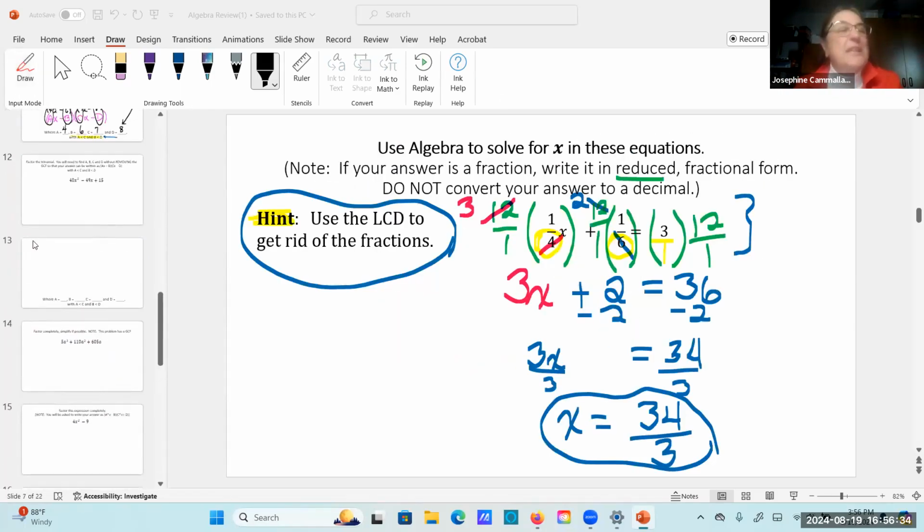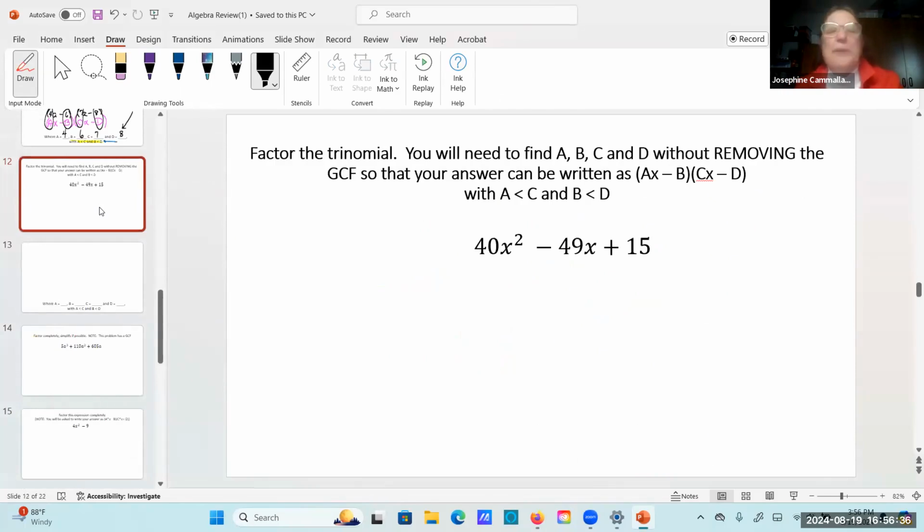I hate it when it does that. There we go. Oh, I hate it when it does that.